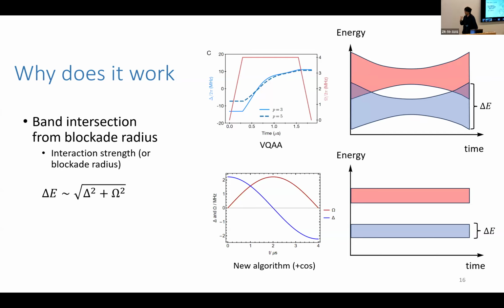The previous schedule has such strong interaction that the two bands can intersect. So once the bands intersect, noise or other fluctuations will mix the non-independent set into the evolving state, which gives a bad result on the performance. In our case, the interaction strength is fixed during the evolution, so the non-independent set and the independent set are very hard to mix.